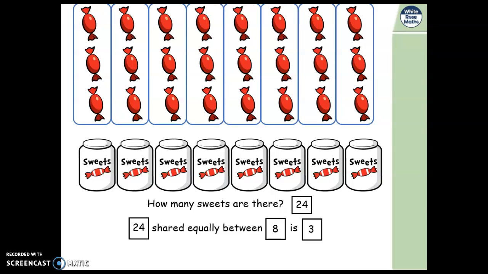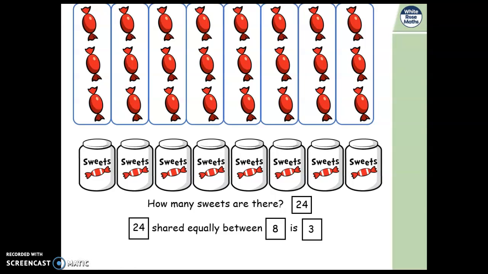So when we are looking at sharing equally, you don't change the numbers. So when we've got 24 shared equally between 3, we've got 8.